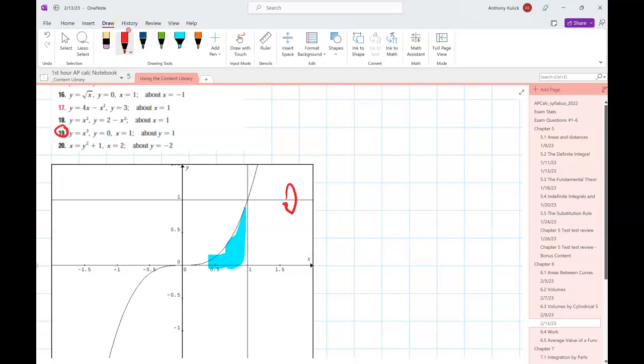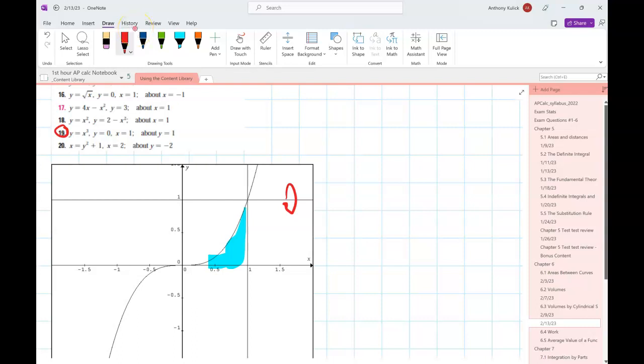Now, if you ask me, no reason you couldn't use washers to do this. Perfectly reasonable one to still do washers on. Wouldn't be wrong to do that. There's no reason you'd have to do shells, other than the directions in this one are saying use a shell. So if this looks like a washer problem, you're right. You could use a washer to do this. It'd be okay.